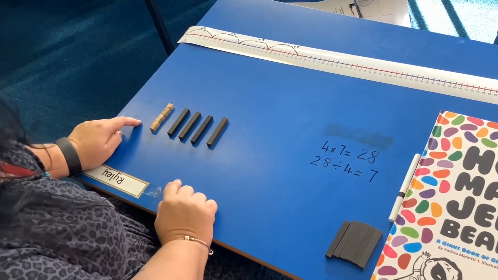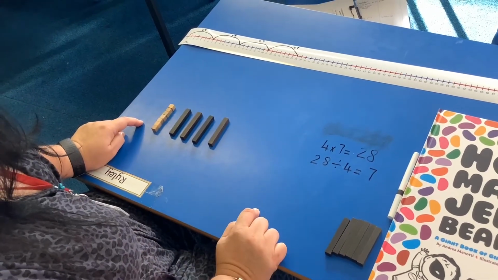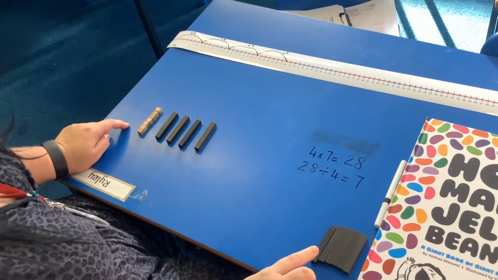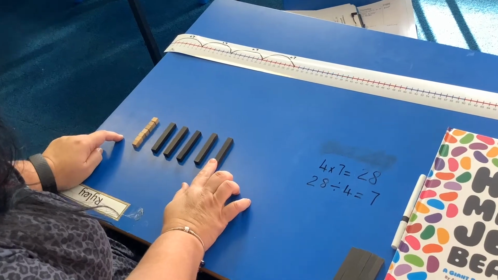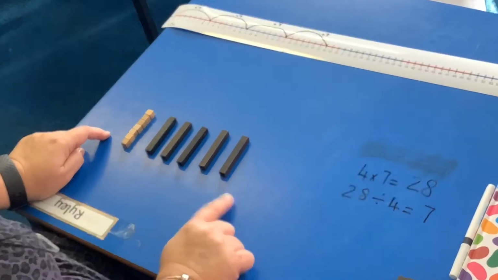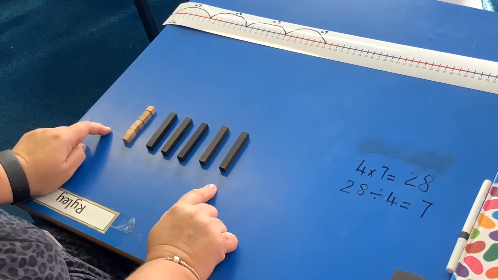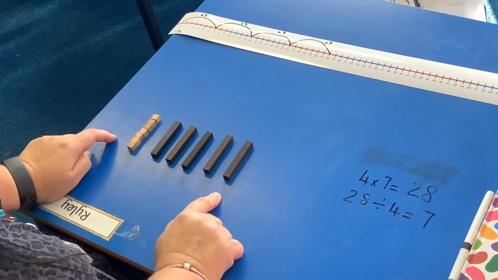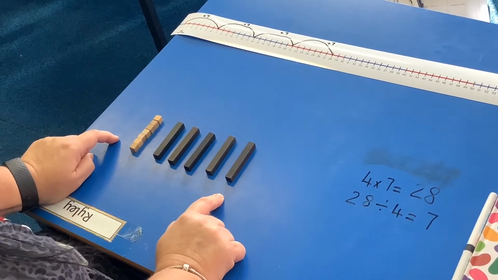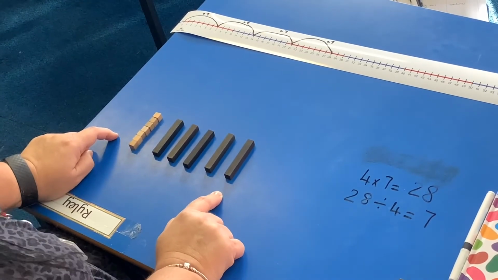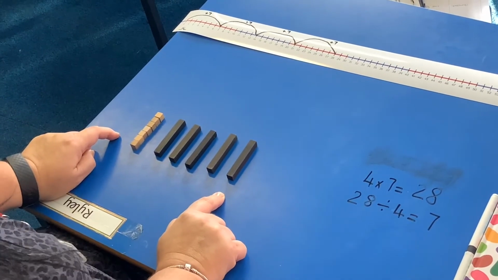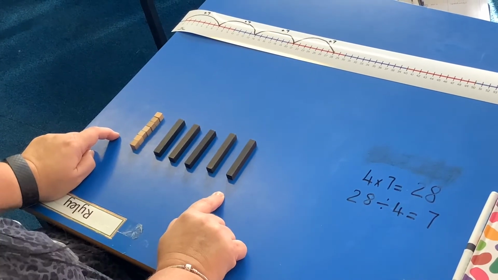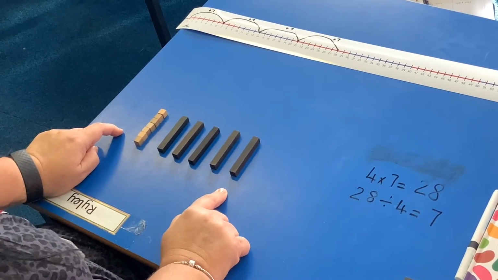Now with multiplication, you don't have to learn all up to 12 because there are some things you already know. So if I put another one there and I've got 5 lots of 7, you might think, well, that's a new fact I need to know. But actually, you do know your 5 times tables. So if you already know your 5 times tables, you know that 5 times 7 is 35 and 7 times 5 is the same.